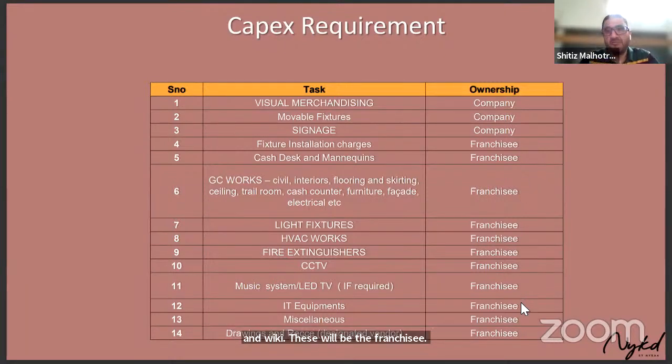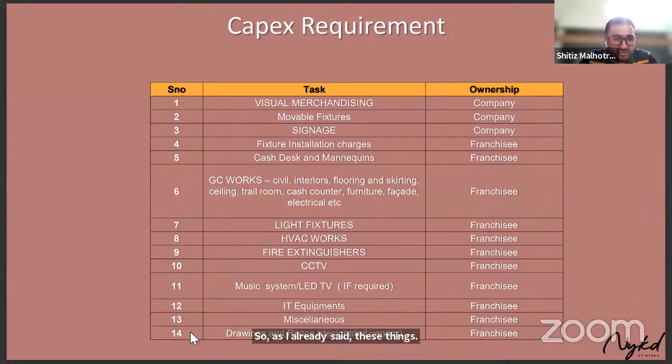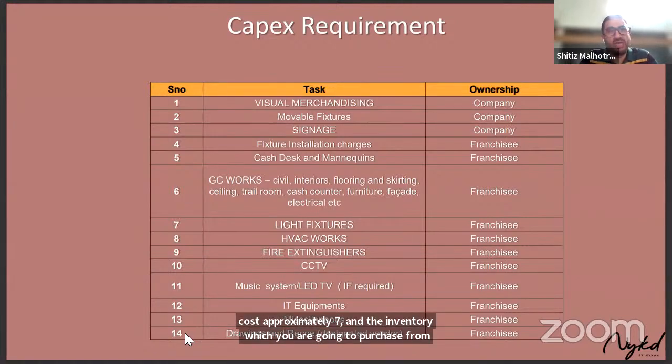Now, if I open a 400 square feet store, the very first question for any investor will be: how much do I have to pay? As I already said, points number 4 to 11, for a 400 square foot store, will cost approximately 7 lakh rupees. And the inventory which you are going to purchase from us in advance will be around 8 to 9 lakh rupees.